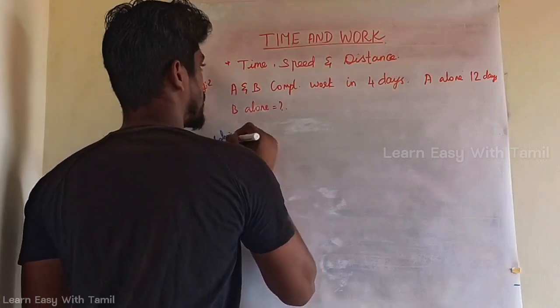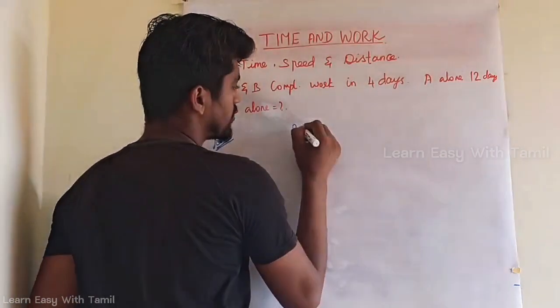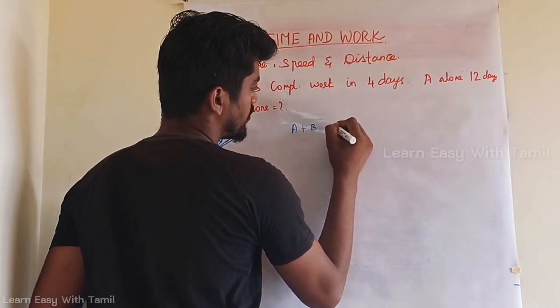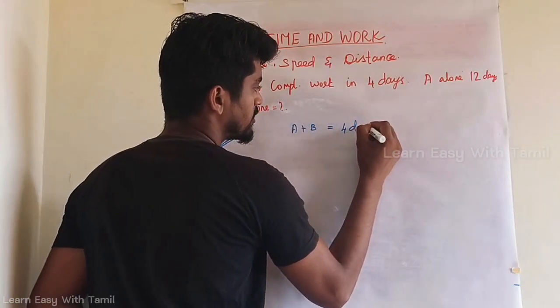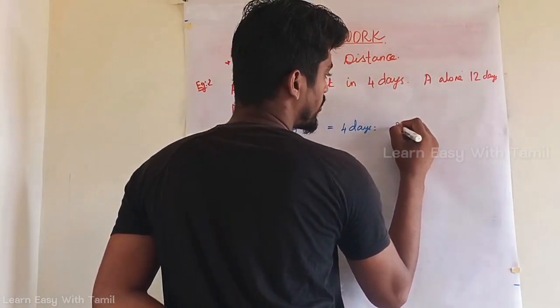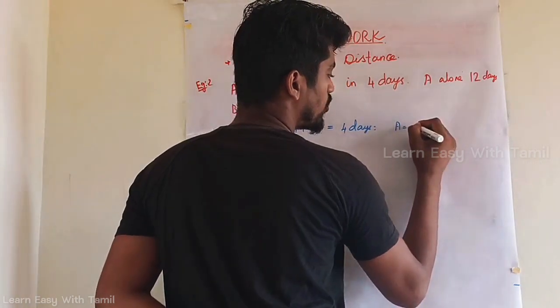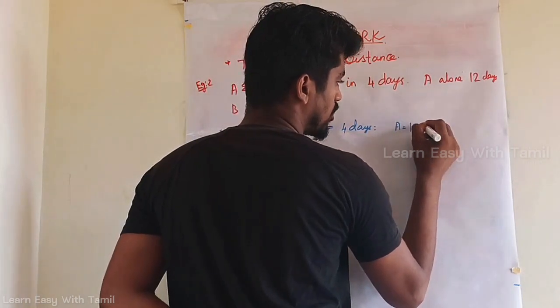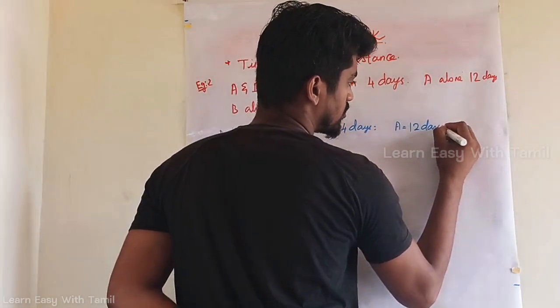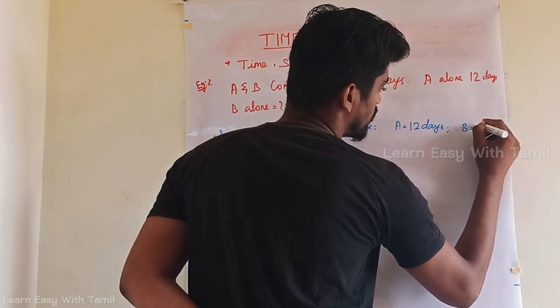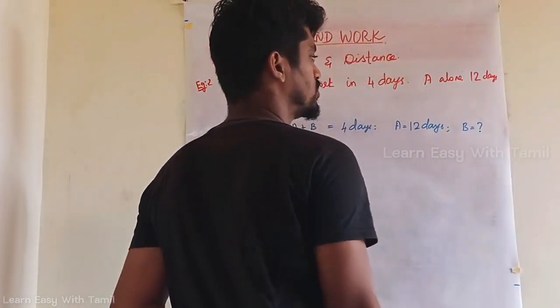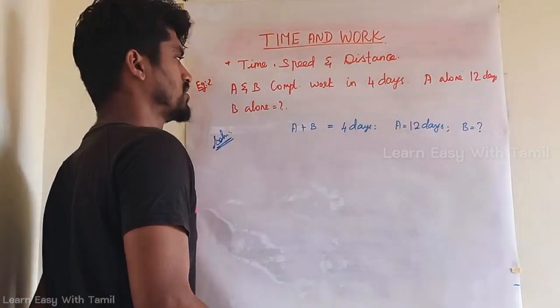Solution: A and B working together complete the work in 4 days, and A alone takes 12 days.